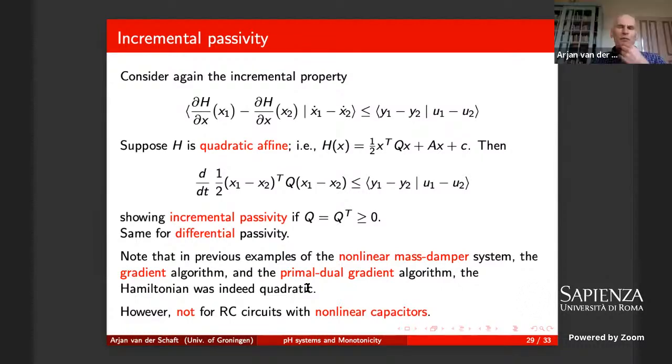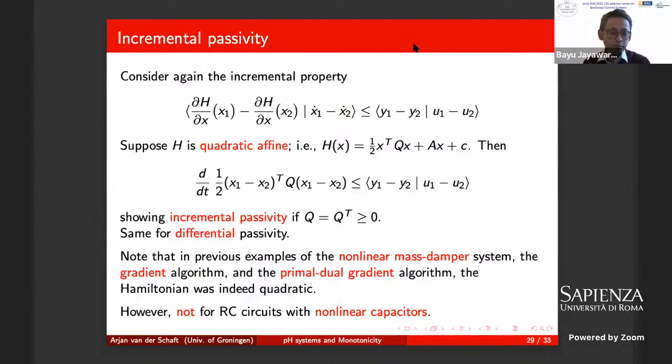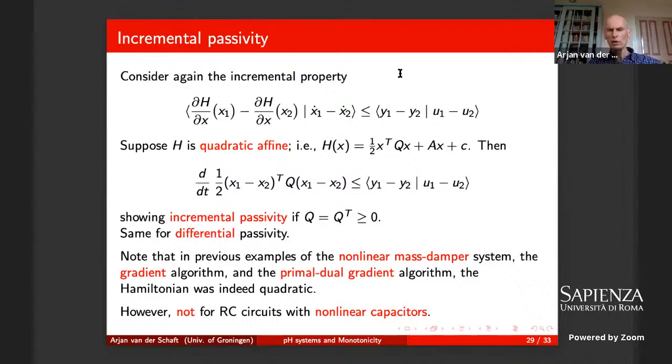Okay, well, these incrementally port-Hamiltonian systems, if you additionally assume that H is convex, which is a reasonable assumption, then they are equilibrium independent passive. Now, the story here is about incremental passivity, and this is more difficult.